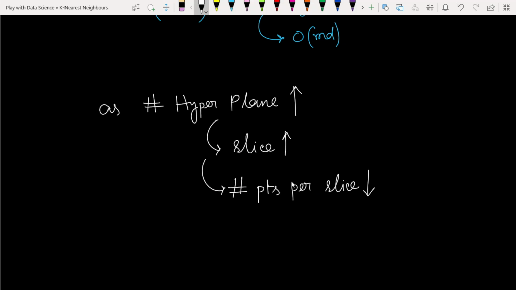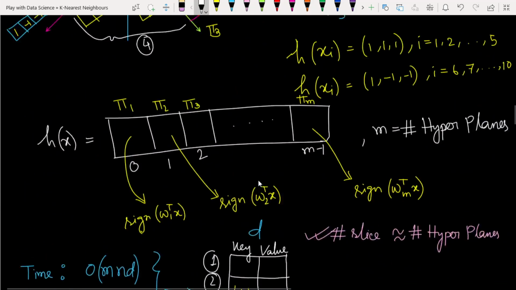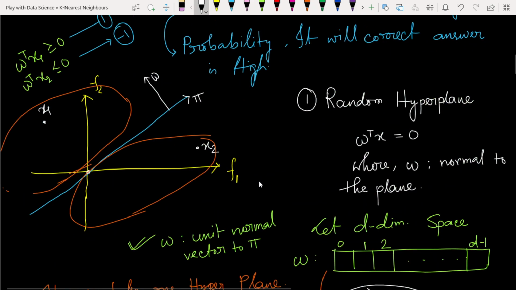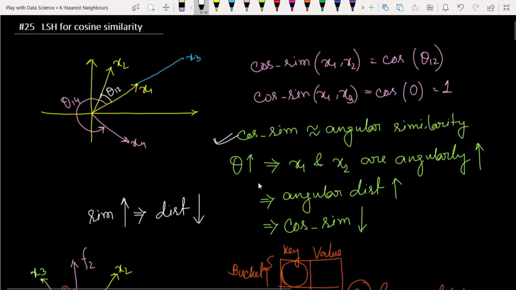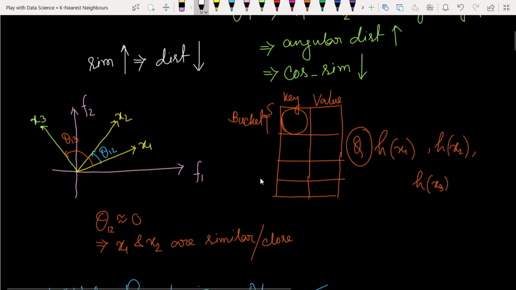Okay, I think this is clear so far. This is a very long lecture. If you are bored, please pause this and take a break, then rewatch it. It is a simple extension of the hash table. For example, we use cosine similarity here to build a hash table.